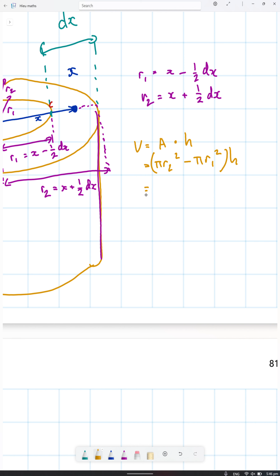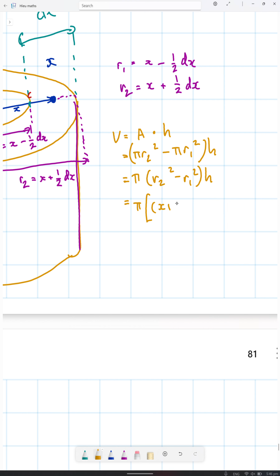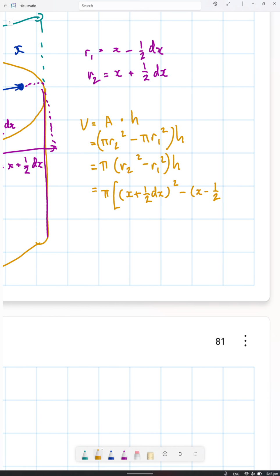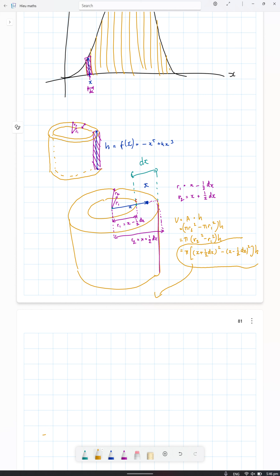Let's take the pi out first, and then inside square brackets, R2 is X plus 1/2 dx, all squared, minus X minus 1/2 dx, because that's R1 squared, all multiplied by h. So let's just do that down here. I'm going to copy it over.